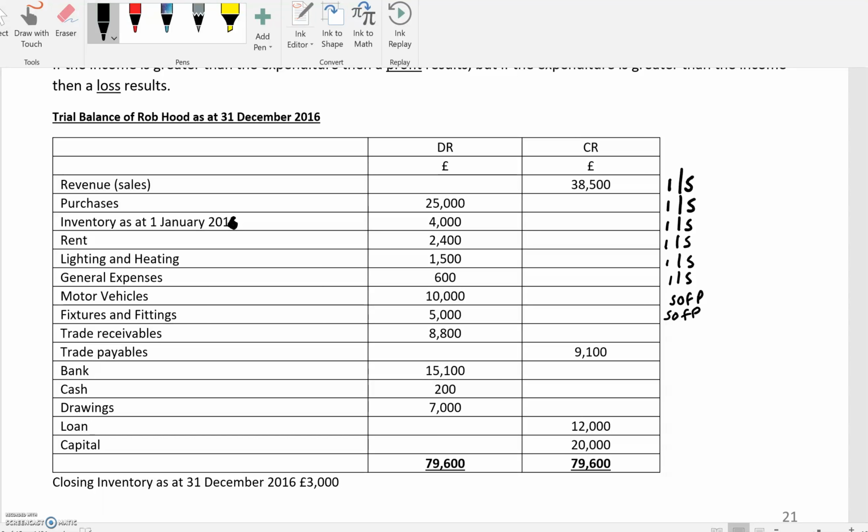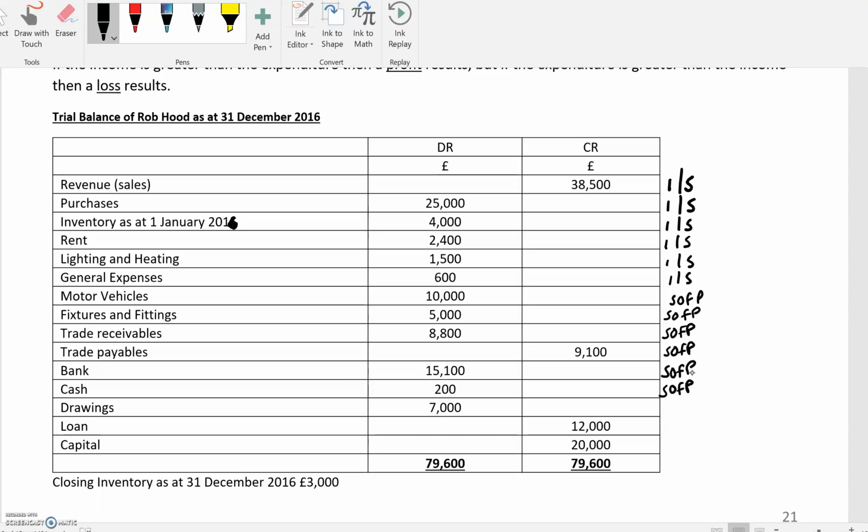Your trade receivable is a current asset, so that goes in your statement of financial position. Your trade payable is a liability because this is the money you owe to your creditors, your suppliers. You have bank, because bank is on a debit, it is actually an asset in the statement of financial position. Cash is positive cash, is an asset in the statement of financial position.